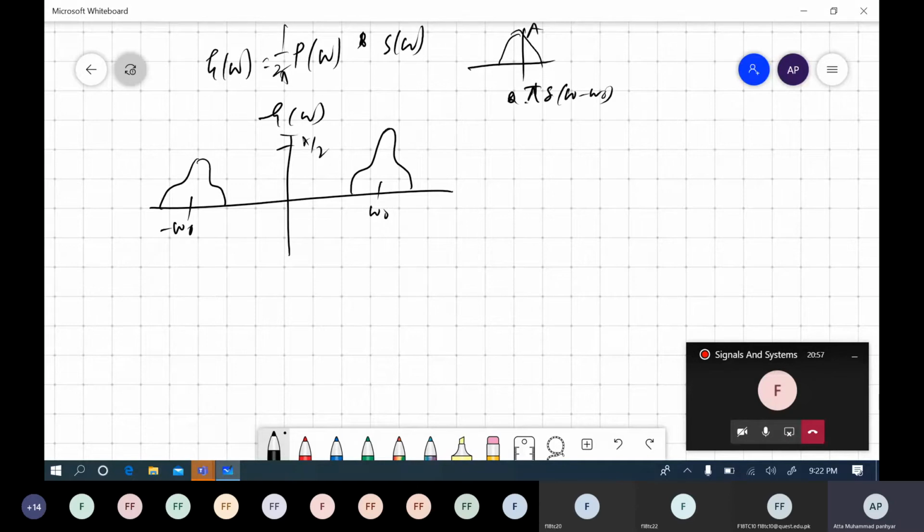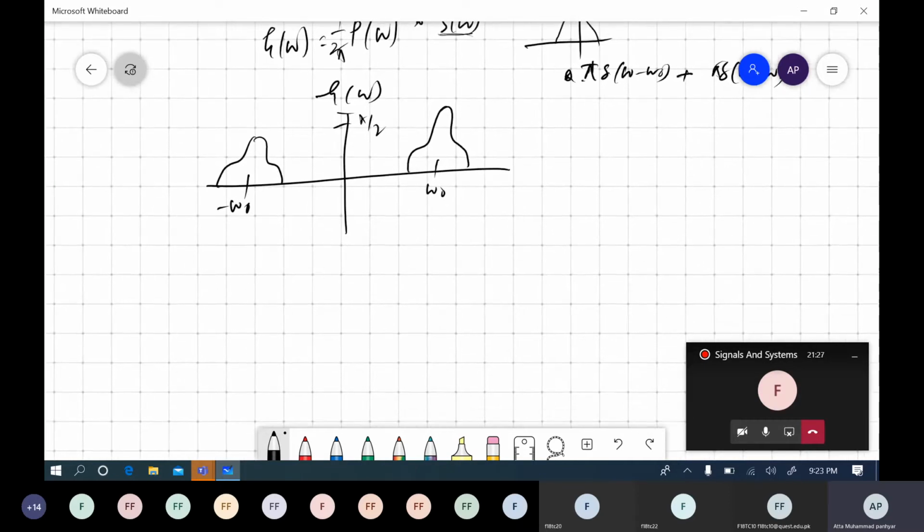Sorry, only pi, because we had multiplied 1 over 2 pi, and pi delta of omega plus omega naught, right? Now when you multiply these two signals and divide with 2 pi, then this pi would be cancelled, and we will remain with 1 over 2, and the value of S of omega at origin is A, so A must be divided by 2. So this signal is scaled down now.